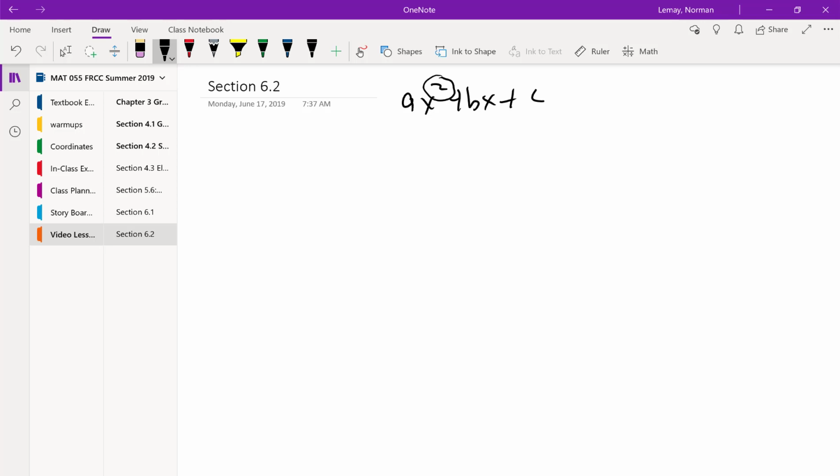But in this video, I'm just going to focus on trinomials that are specifically in the form of x squared plus bx plus c. And whenever we're working with a polynomial in general, we take a look at the number that is in front of the variable that happens to be the highest power, and that is what we call the leading coefficient.